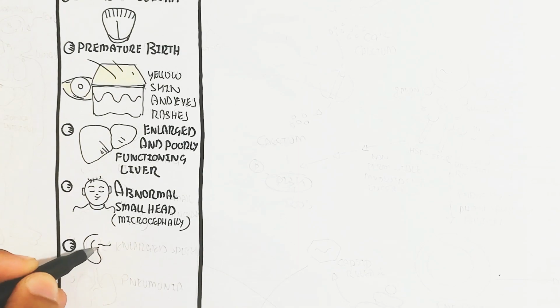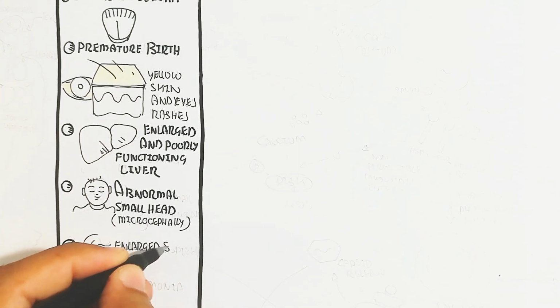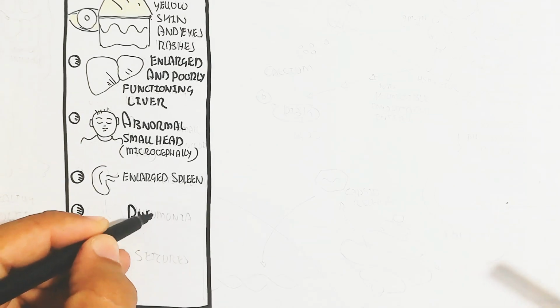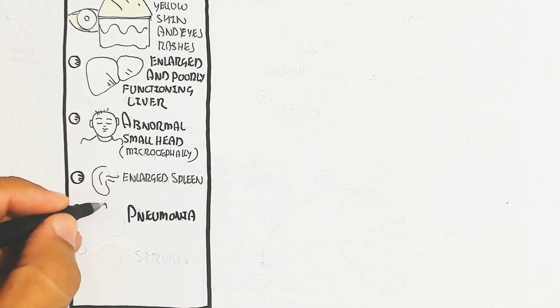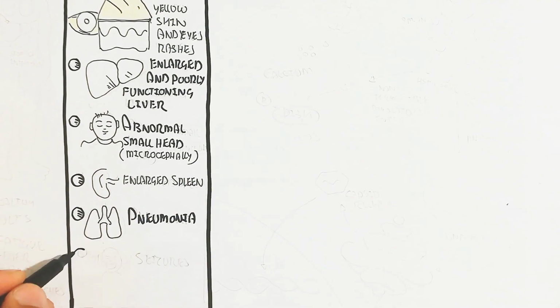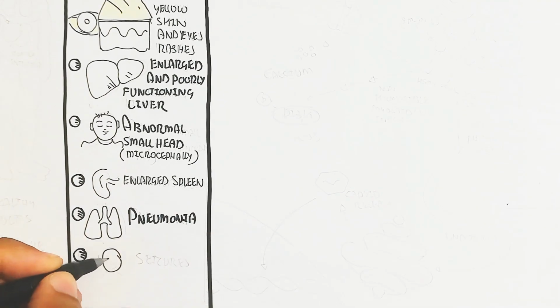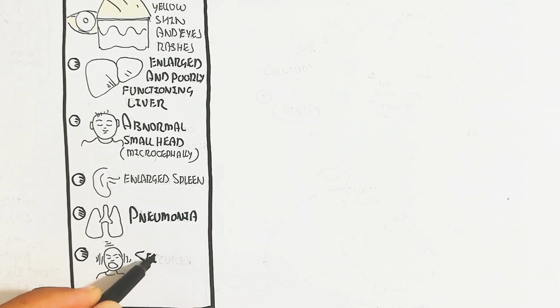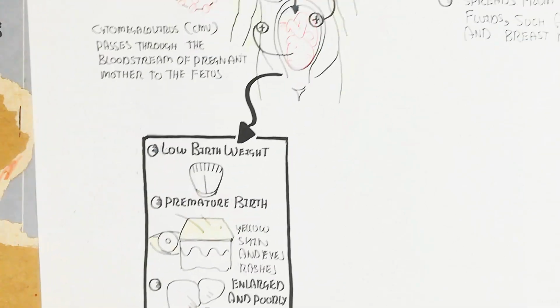The spleen can also enlarge and not work properly, making degradation of old RBCs difficult and leading to anemia. Pneumonia can occur in the lungs, and seizures can occur after birth.